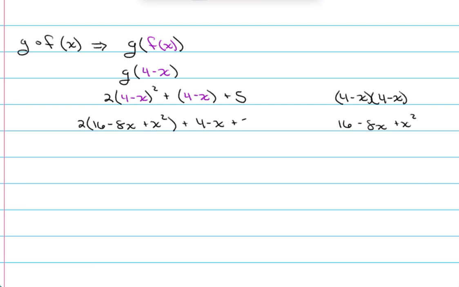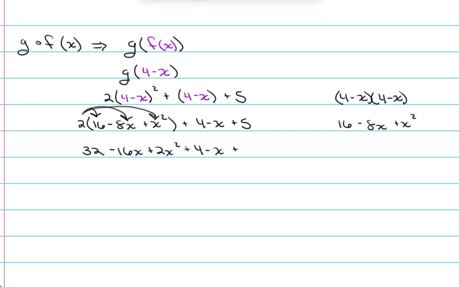Okay, now I'm going to distribute the 2, so 2 times 16, that's 32. And I will have 2 times negative 8, which is negative 16x, and then 2 times x squared, plus 2x squared. Plus 4 minus x plus 5.